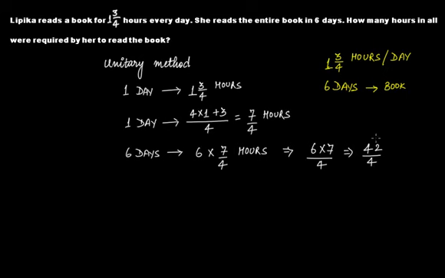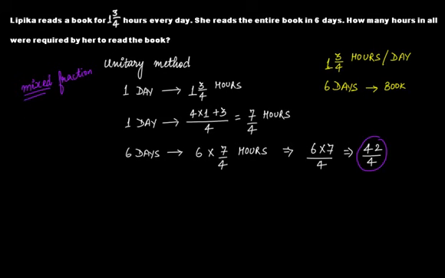Now this fraction 42 by 4 is an improper fraction. Let's convert this into a mixed fraction. Even this answer is also correct, but representing it as a mixed fraction has one benefit, and we'll discuss that shortly.